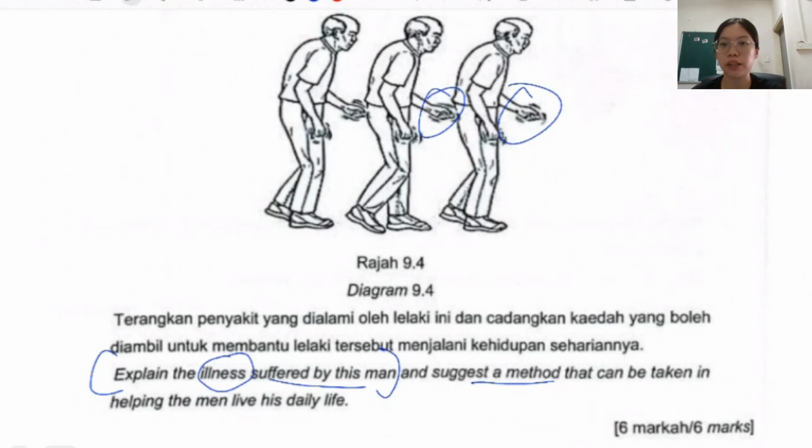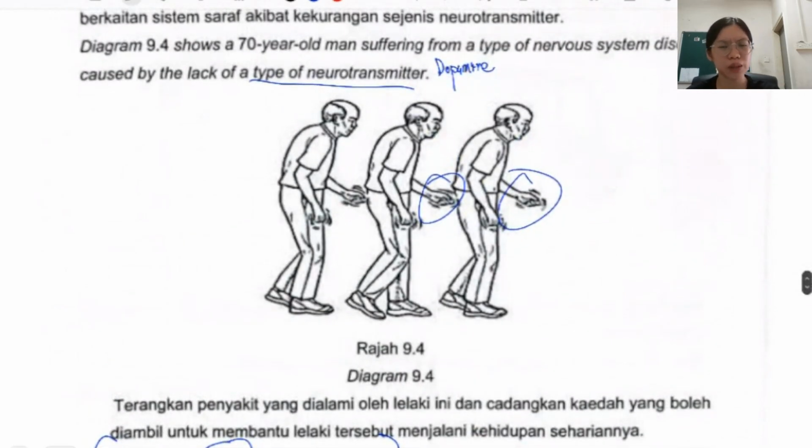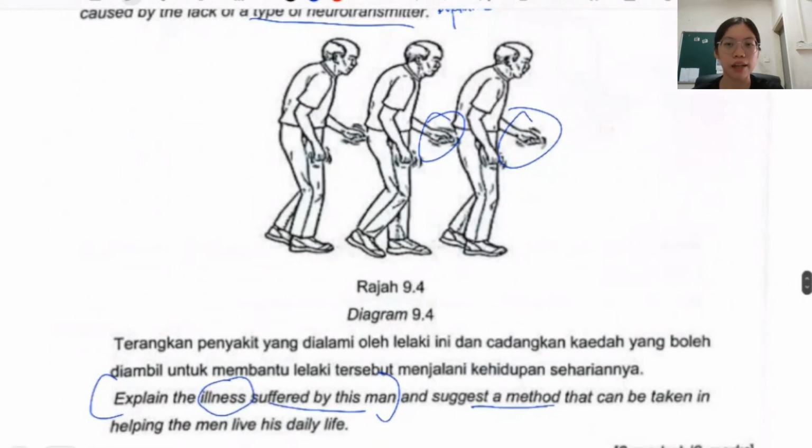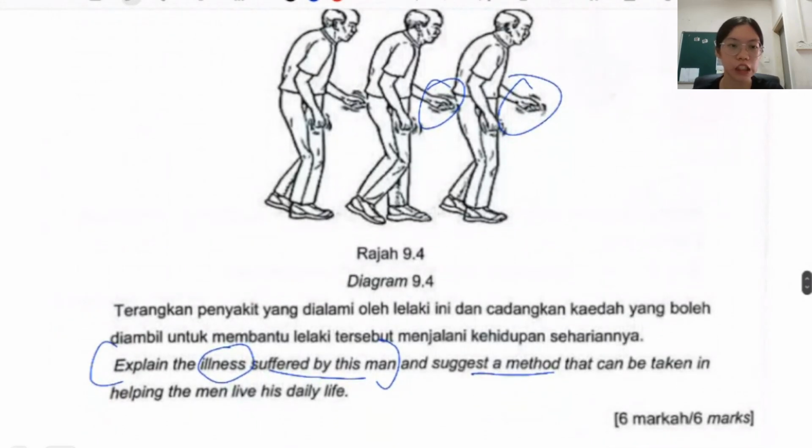Now you are going to suggest a method. How are you going to suggest? Since this person lacks dopamine, maybe you can provide medication with dopamine. Since he lacks it, you can provide medication.